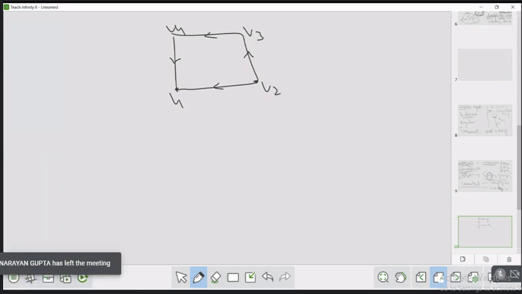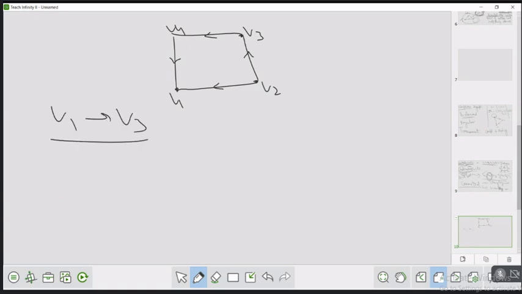If you take V1 to V3, can you obtain at least one directed path? When we move from V1 to V3, we will follow the semi path. And if we move from this direction also, we will follow the semi path.